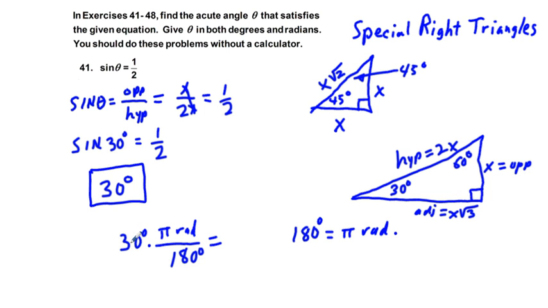What that's going to do is we have 30 divided by 180, we're going to get pi over 6 radians. So our angle measure in radians is pi over 6.